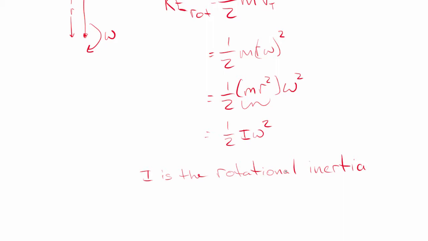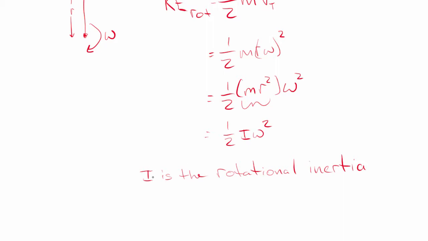Inertia and mass are the same thing. Remember, inertia is just a resistance, the ability of an object to resist a force. Well, in rotational world, now we have rotational inertia. It doesn't get a special name like mass, but it's clearly dependent on mass. It's equal to mass, but there's a distance dependence, like all things when we're talking about rotations.